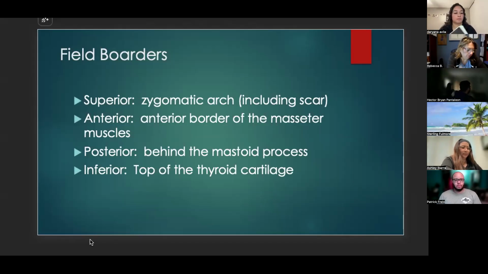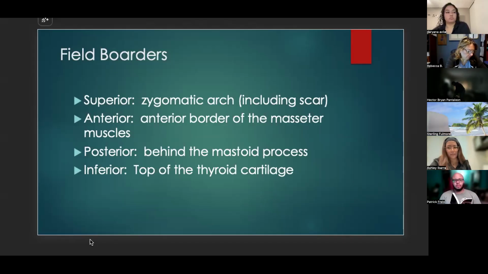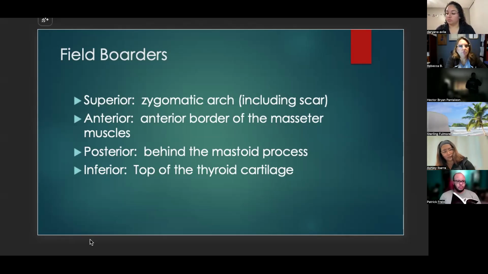So page 51 is the field, what it looks like on the patient, and 52 is the superior zygomatic arch, anterior border of the masseter muscles, posterior behind the mastoid process, inferior top of the thyroid cartilage.